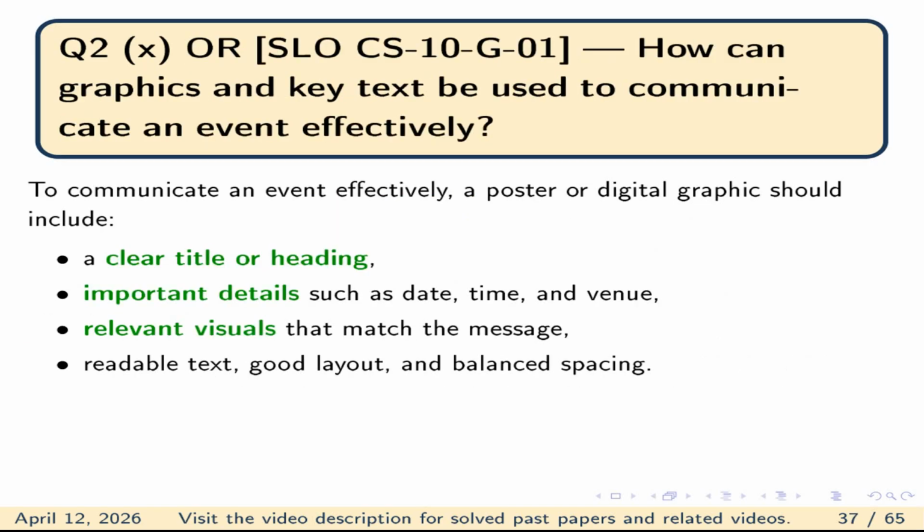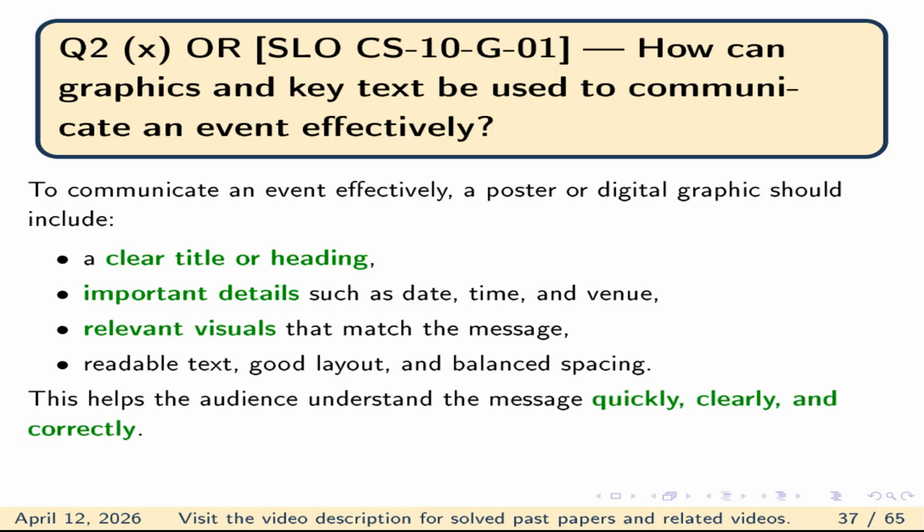Alternate part is: how can graphics and key text be used to communicate an event effectively? To communicate an event effectively, a poster or digital graphic should include a clear title or heading, important details such as date, time, and venue, relevant visuals that match the message, readable text, good layout, and balanced spacing.